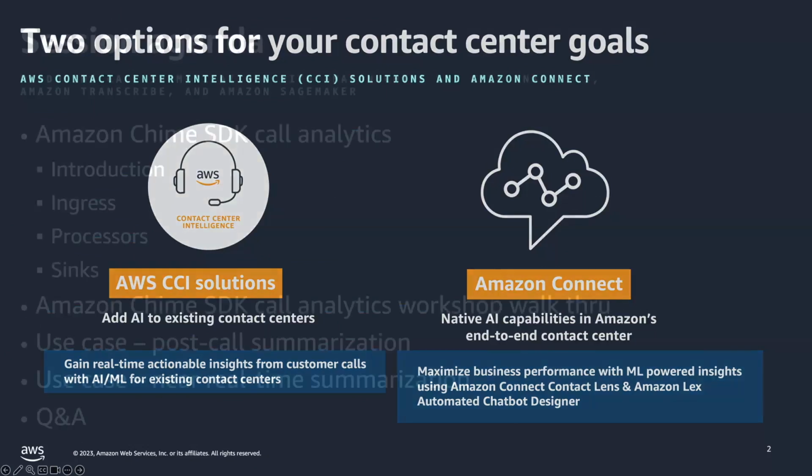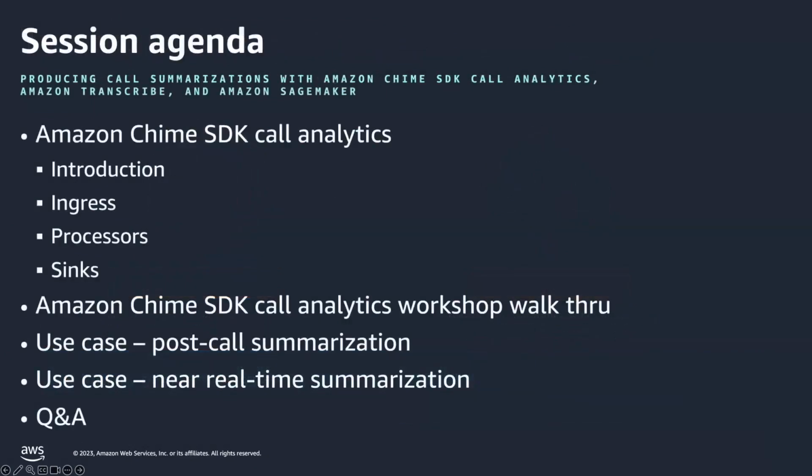So let's take a look at the quick agenda. We're going to be talking about Amazon Chime SDK call analytics here today. That's going to be our main focus, and what we can do with that, how it works, and then go into some of the use cases for using that, how we can apply this to your existing contact center.